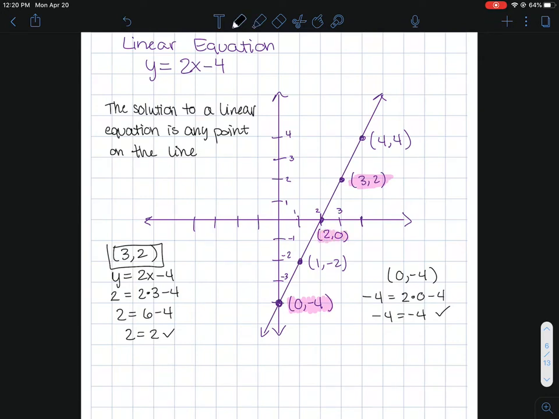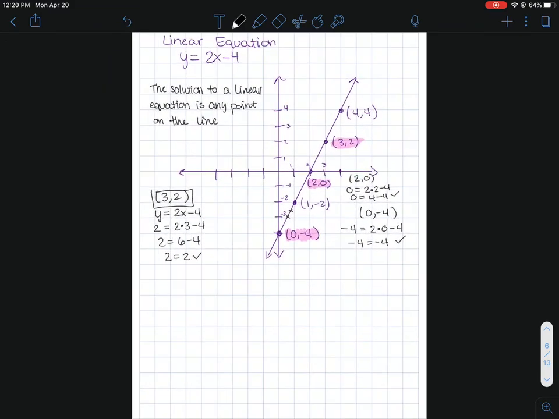How about 2, 0? We get 0 should equal 2 times 2, take away 4. 0 is 4 minus 4. That's also correct. We could use any point in between the nice lattice points as well, but for a linear equation, the solution would be any coordinate pair on the line itself.